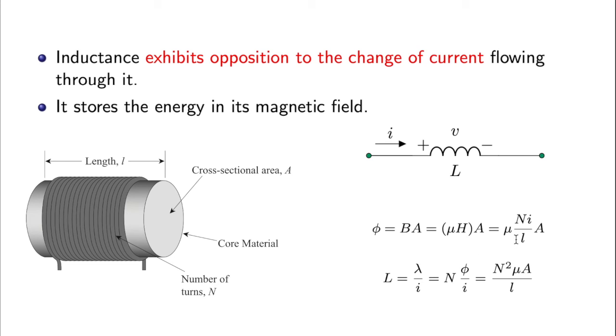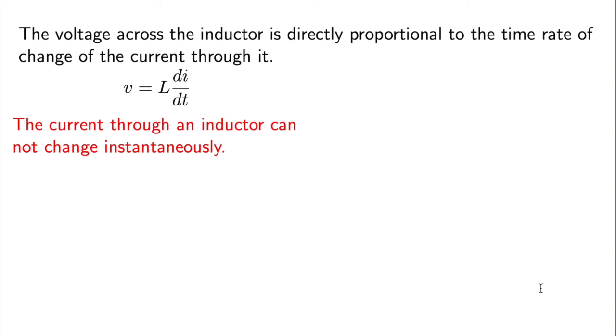Ultimately, the flux is mu N i upon L. So inductance is regarded as flux linkage upon current. This flux linkage is N phi upon I. The expression of phi is substituted from this, resulting in N square mu A upon L. We will be dealing with various aspects of the core construction while discussing magnetic circuits.